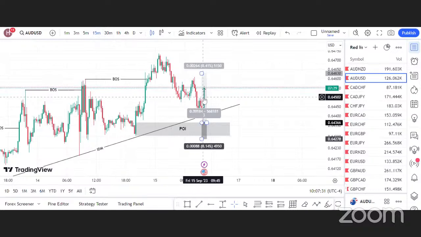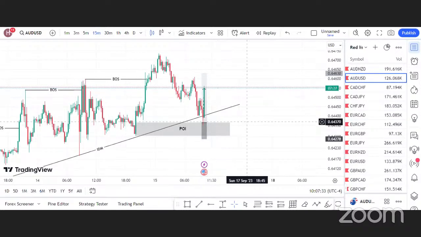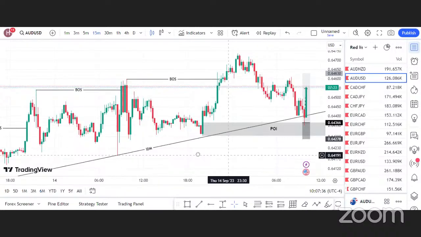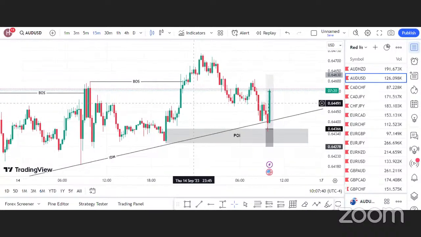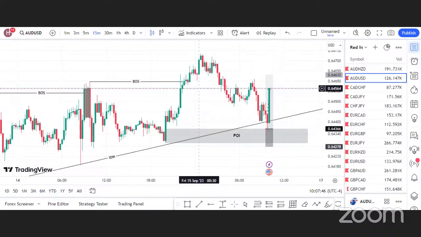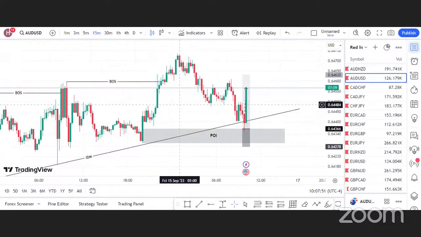This is beautiful, guys. Look at the analysis we made just now. Look what happened. The analysis I made on the 15-minute time frame. Look what is going on here, guys.